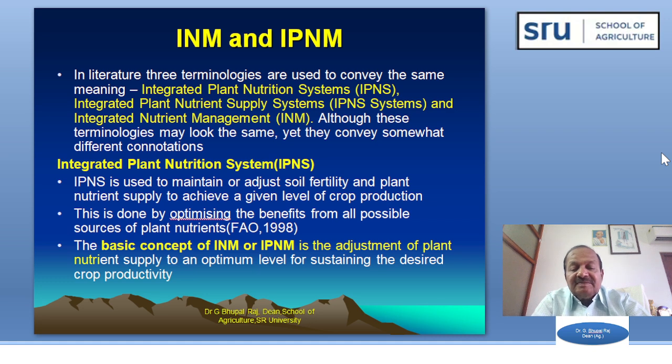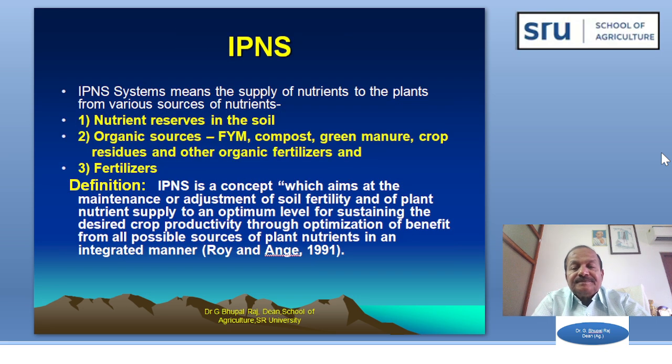The basic concept of INM or IPNM is the adjustment of the plant nutrient supply to an optimum level for sustaining the desired crop productivity. The integrated plant nutrient system means the supply of nutrients to the plants from various sources of nutrients. That is, nutrient reserves already available in the soil and from organic sources like farmyard manure, compost, green manure, crop residues, and other organic fertilizers and fertilizers.